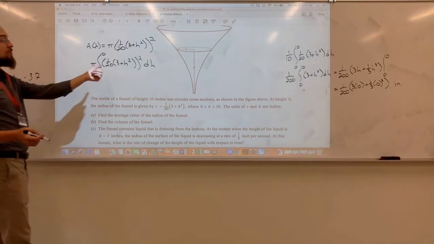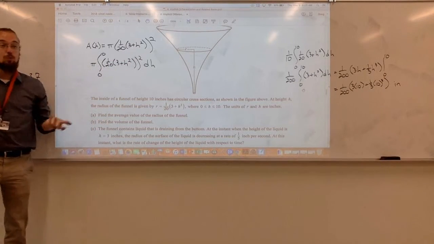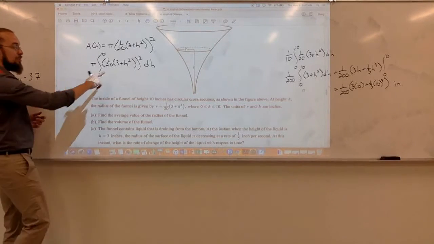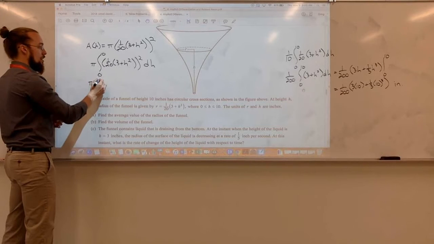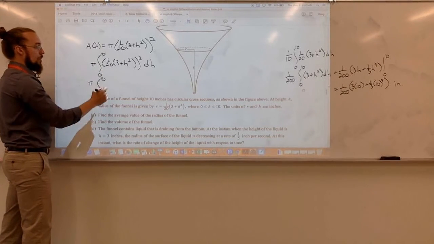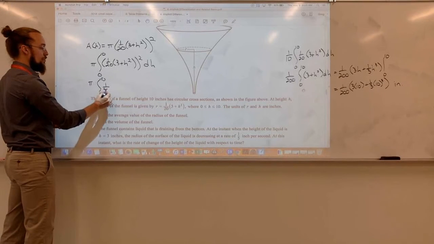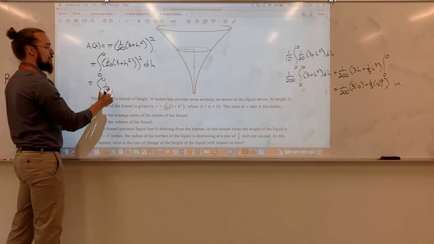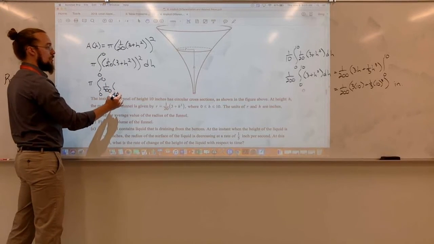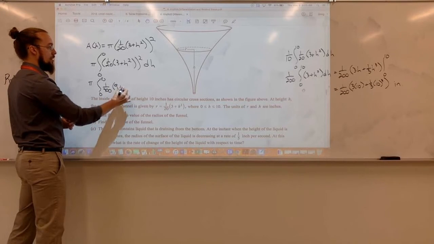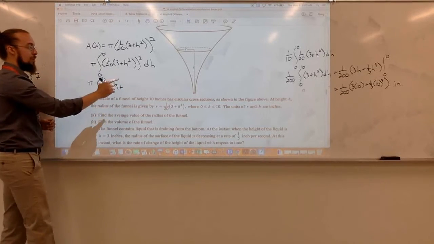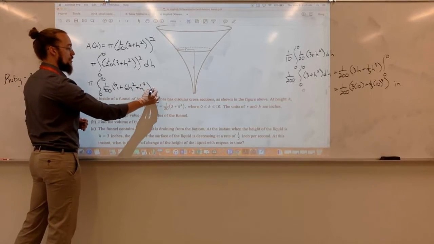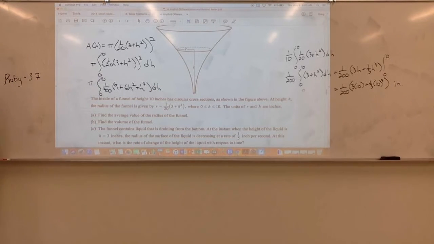So to do this, the easiest thing to do would probably be to go ahead and square everything on the inside, and then take the antiderivative piece by piece. If I square everything, 1/20th squared would be 1/400, and then (3 plus h squared) squared would be 9 plus 2 times the product of the 2, 6h squared, plus h to the 4th, dh.